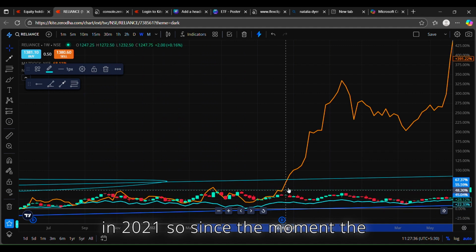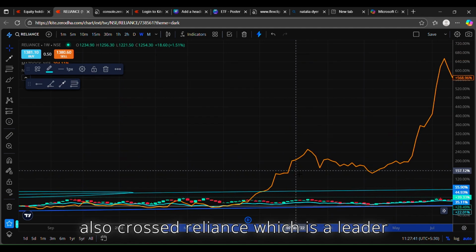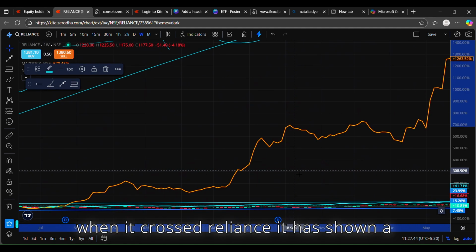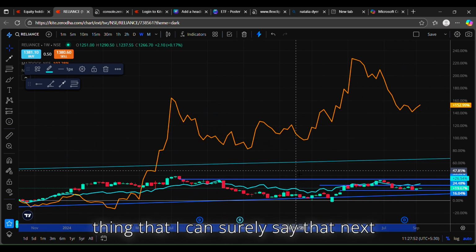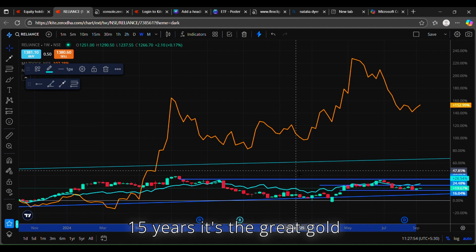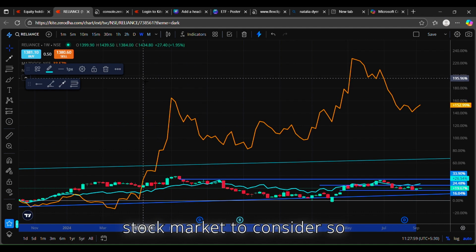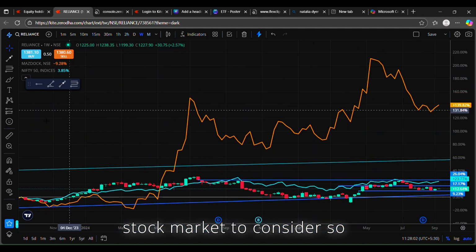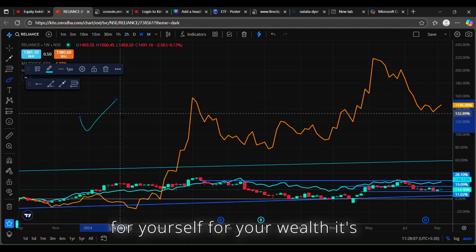And then it also crossed Reliance, which is a leader, and when it crossed Reliance, it has shown a movement and it was a great movement. And one thing that I can surely say is that the next 15 years are a great golden period in the Indian economy, the Indian stock market, to consider. So make a good, right decision for yourself, for your wealth.